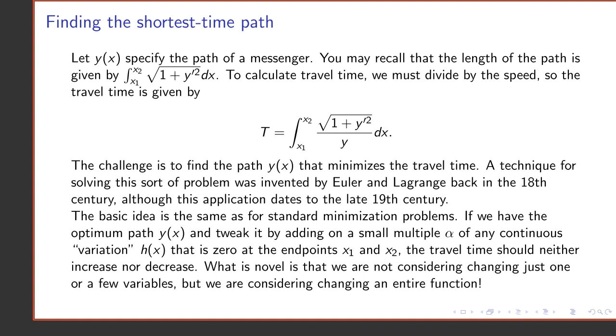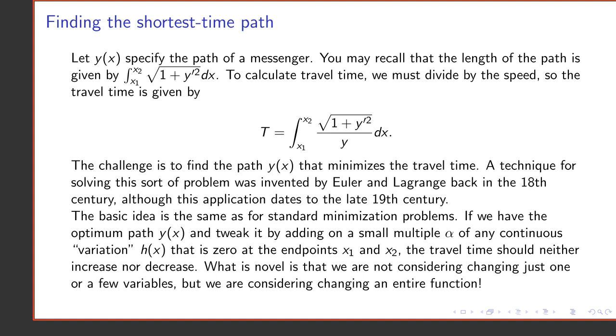If we have the optimum path, y of x, that leads to the minimum time, and we tweak it by adding on a small multiple of any function that is 0 at the endpoints x1 and x2, thereby changing the path, the travel time shouldn't change.